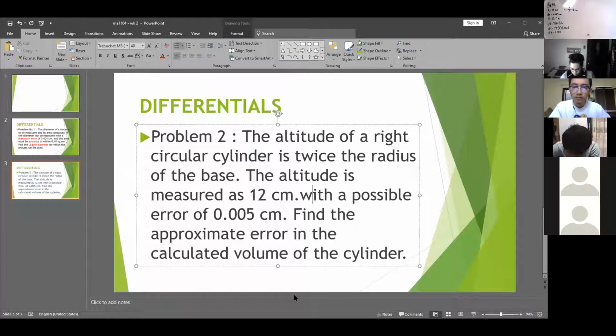What will be the unit? Cubic centimeter, since it is a volume. Cubic centimeter. And this will be our answer.